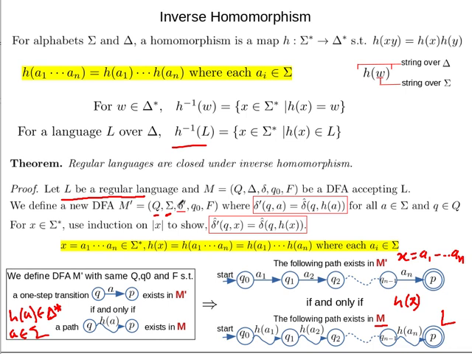So now we are defining this transition function, this delta prime. How? We are putting this direct edge, so that means we have this delta prime of Q, A as P, which is the same P that we get from Q by processing HA in M prime.